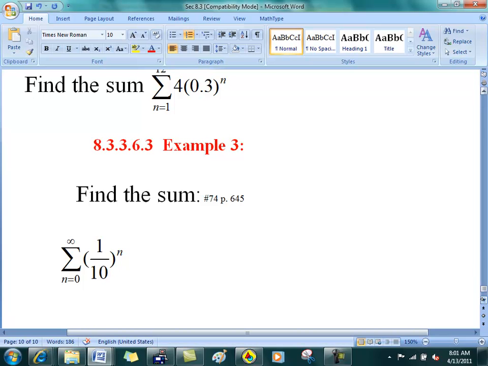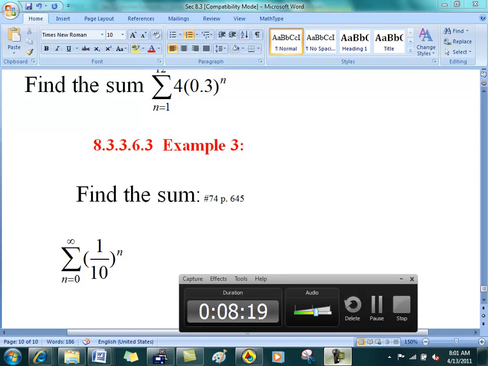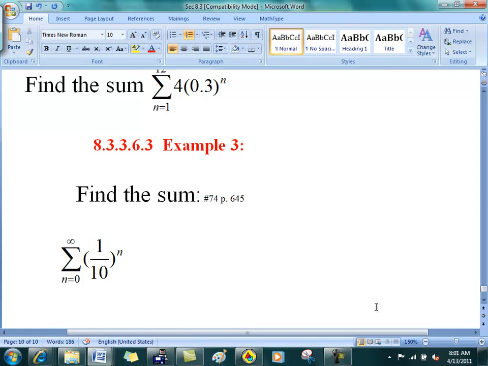I'm not asking you to write 12 terms here. All I'm asking you to do is recognize that the first term is 1.2, not 4. That's the only trap. Last problem here, and this one's got a trap too, so make sure you don't fall into it. This is an infinite sequence as well.